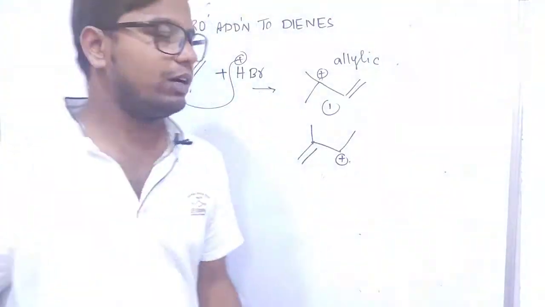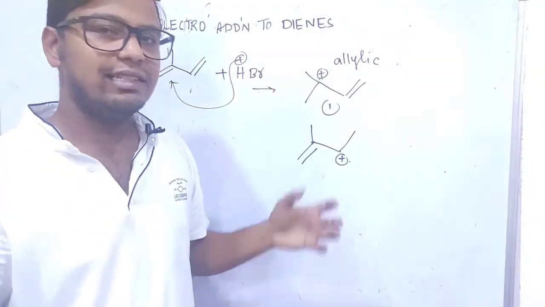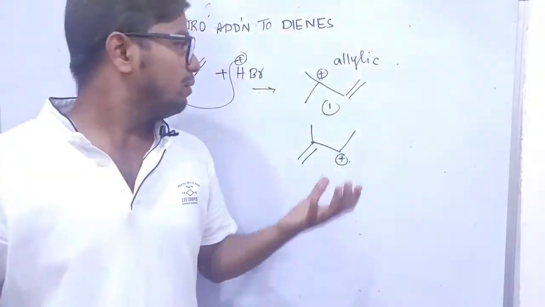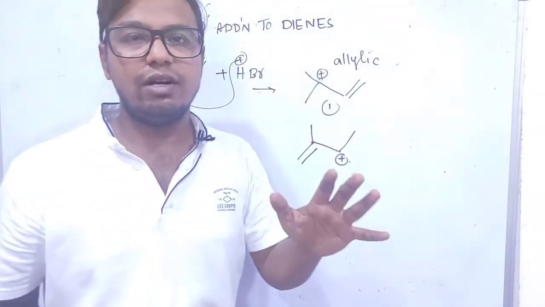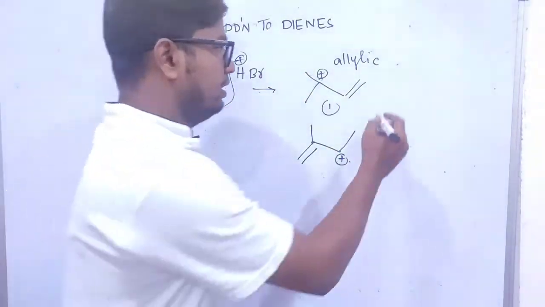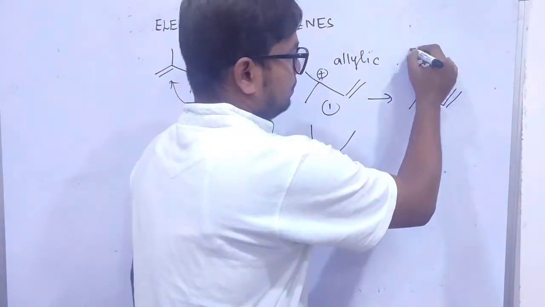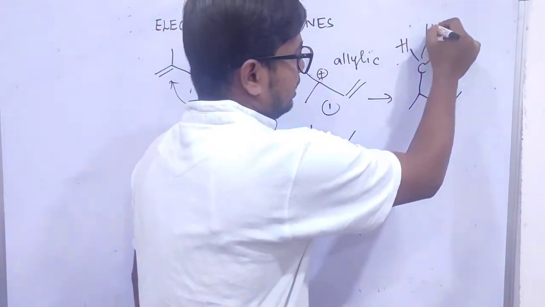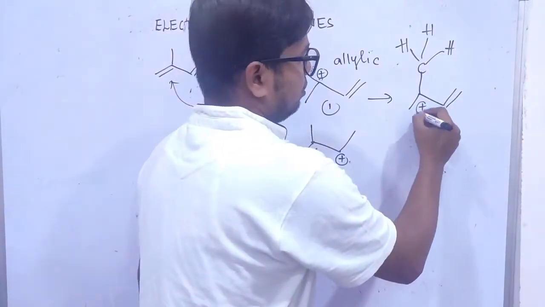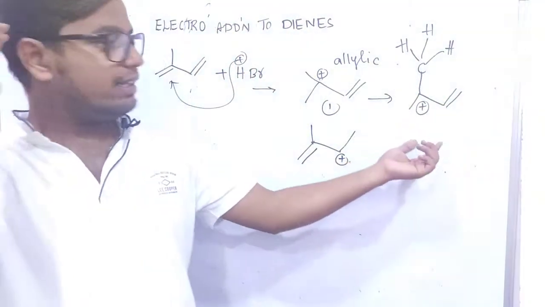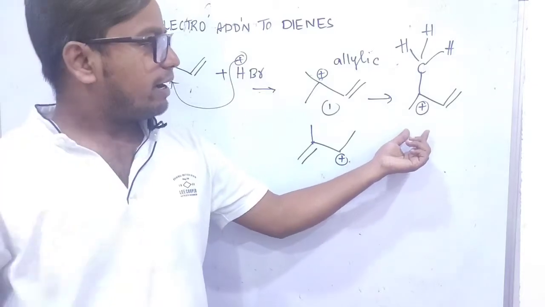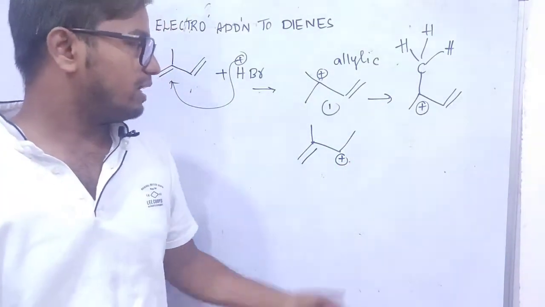This methyl group is giving the extra stability by donating, or pushing, the electron density towards the carbocation. This methyl group is providing the extra stability to this carbocation, resulting in the more stable carbocation formation. This is the more stable one when compared to this.